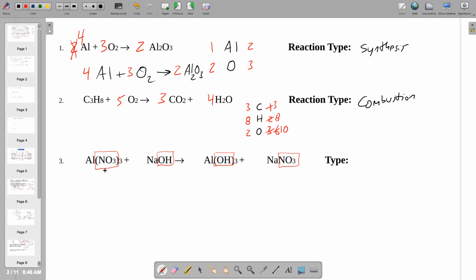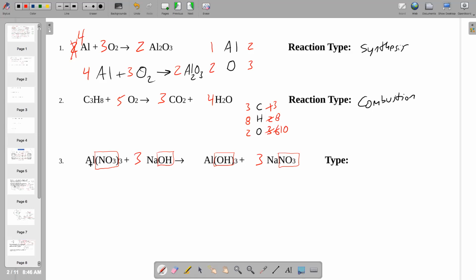Because there's 3 nitrates on the left, if you put a 3 in front of the sodium nitrate on the right, then the nitrates are balanced. And then here, because there's a 3 after the hydroxide, if you put a 3 in front of the sodium hydroxide, then that balances the hydroxides. And that's all you have to do.